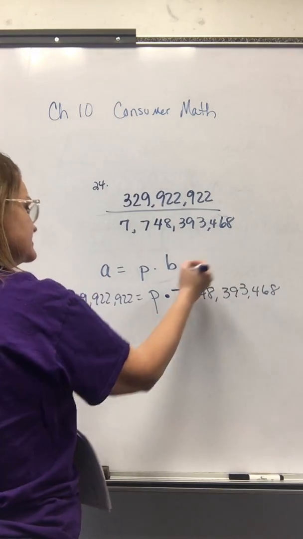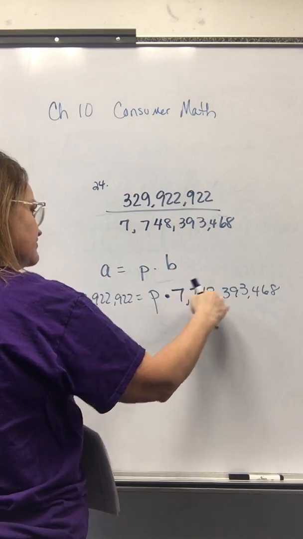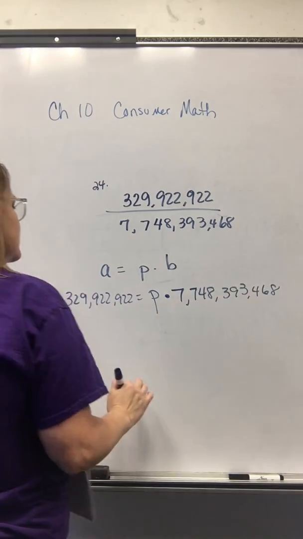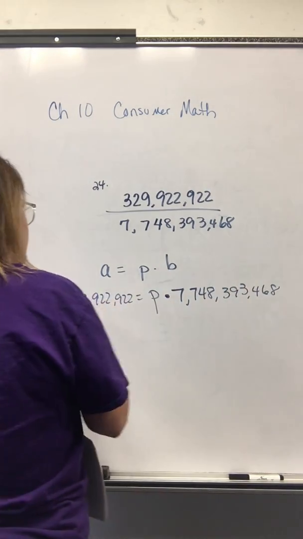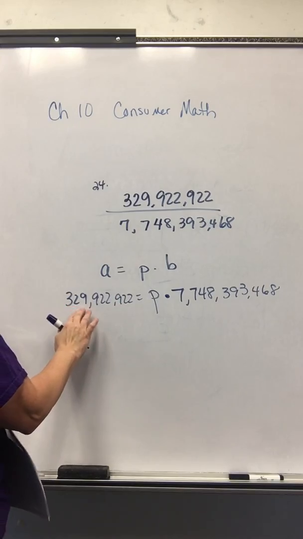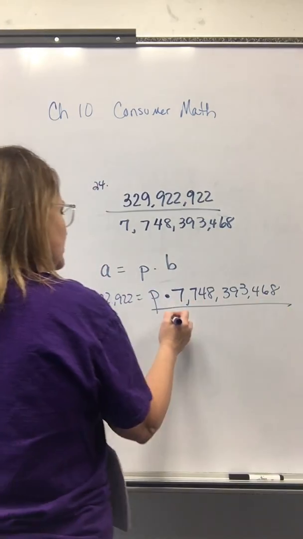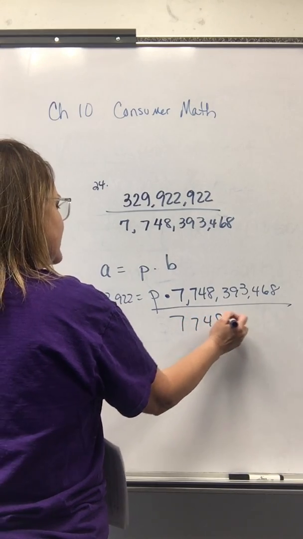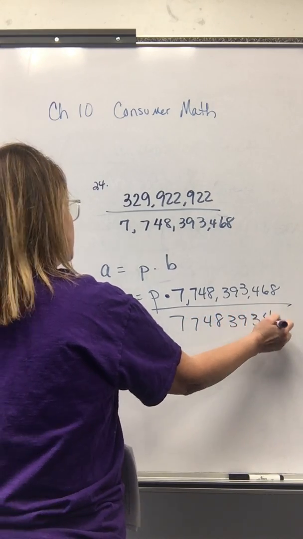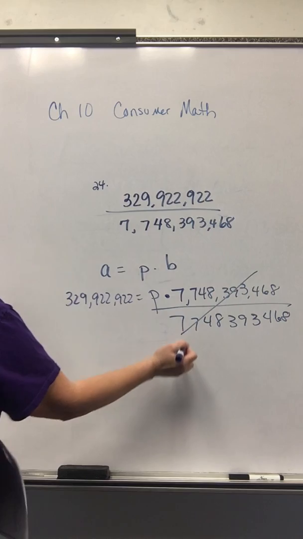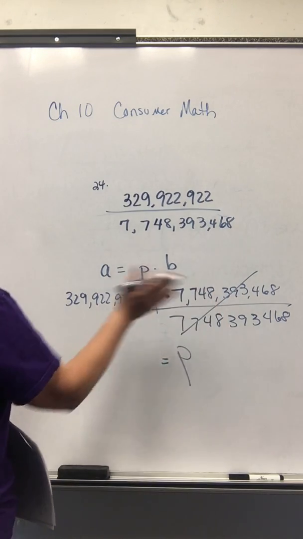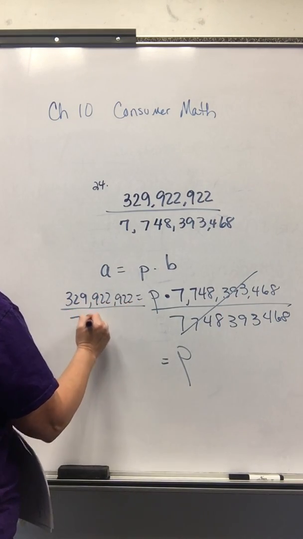So we have the base amount, the world population, 7 billion something, almost 8 billion, and then the United States, 329 million something. To solve for the percent, you divide by what's with your variable, so you divide that on each side, a bunch of numbers there, to get that to cancel, then P would equal, do the same thing on this side, divide.